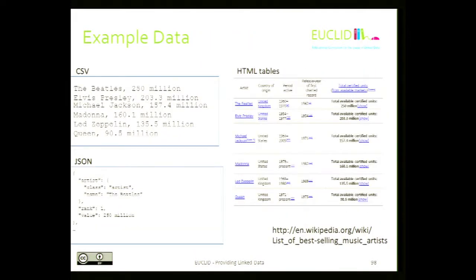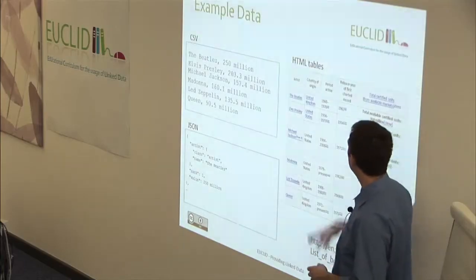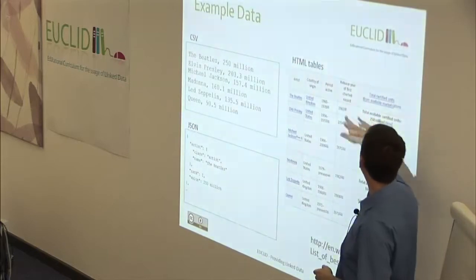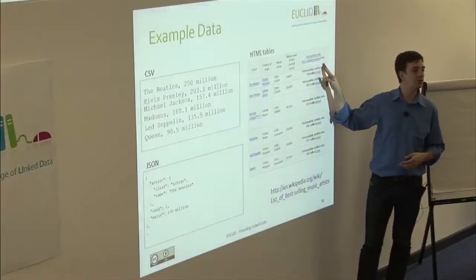So, for instance, if we have such a table over on the right-hand side, whether it's represented in HTML, where it's quite readable, we have a table of artists, starting with, as always here, the Beatles, country of origin, period active, when they're first charted, and their total certified units. Okay?